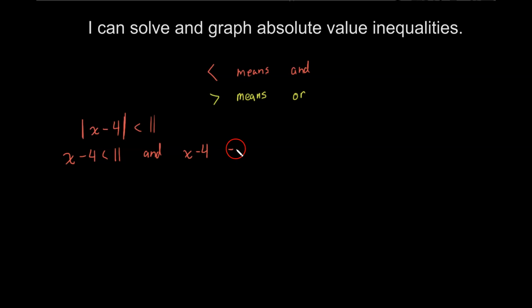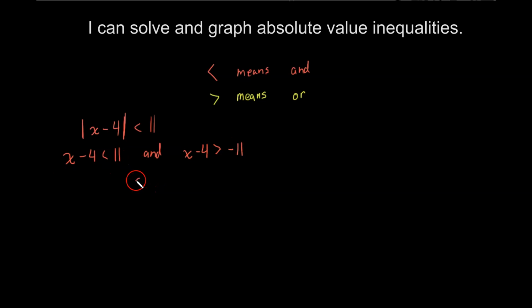It's like we multiplied the 11 by negative 1, and whenever we multiply or divide by a negative, the inequality symbol flips. So our compound inequality is x − 4 < 11 and x − 4 > −11.